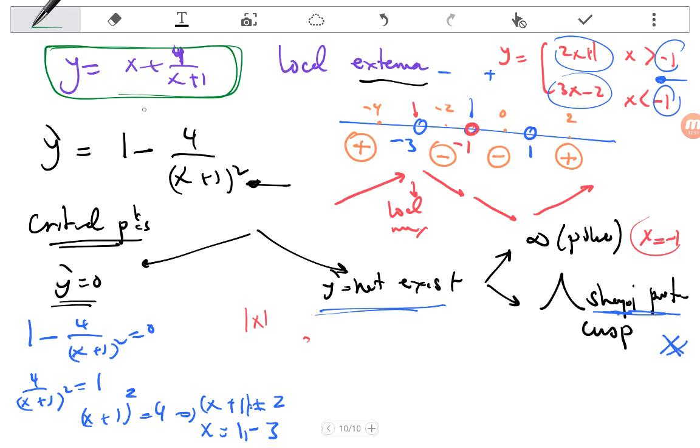What is the domain of this function? It is all R except -1. This is the only problem in the denominator. So -3 is in the domain, I will put it in green, and this 1 is also green. So that one will be a local minimum. Yes. So these are the local extremas of this function.